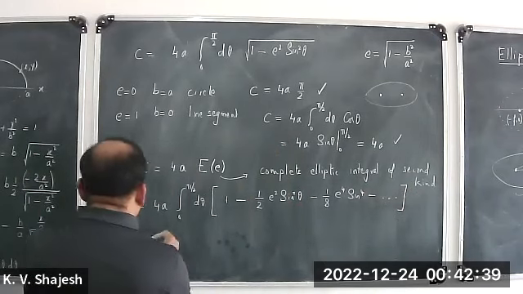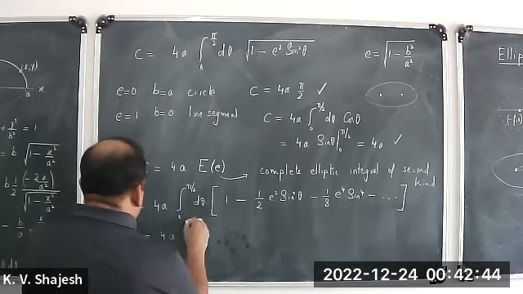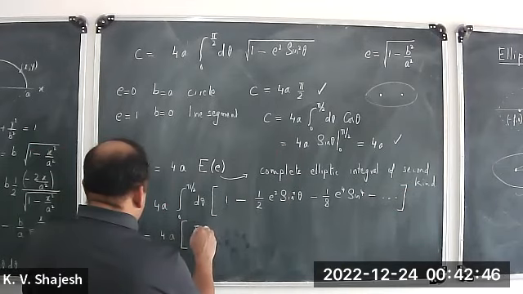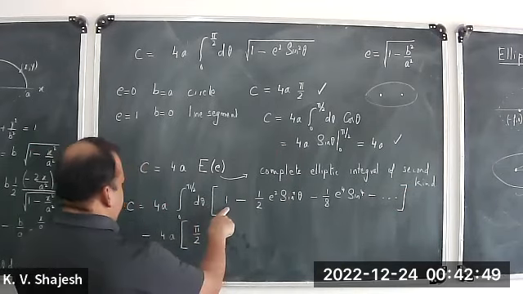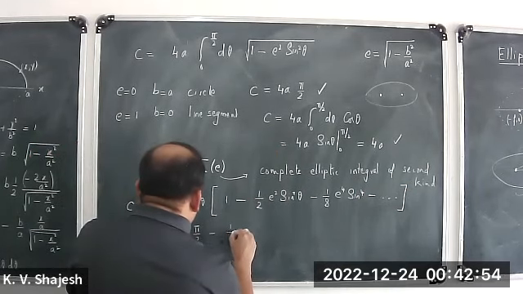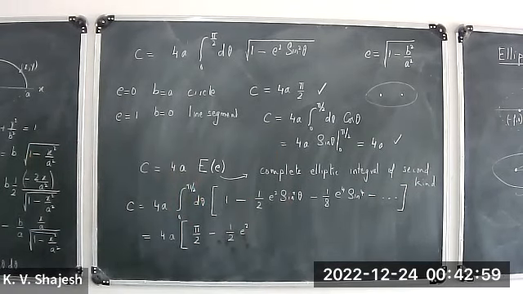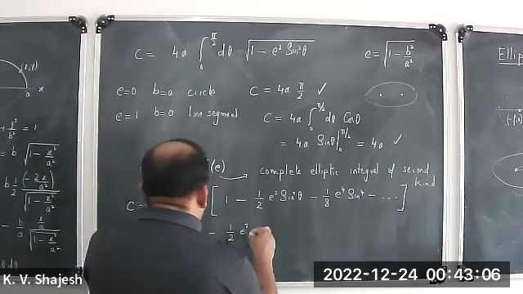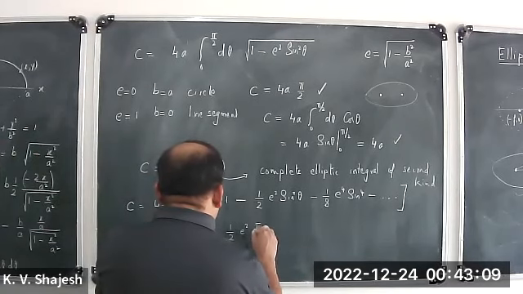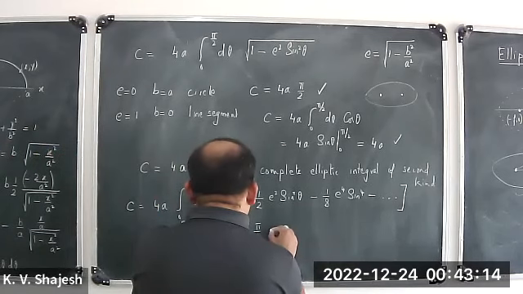And now this can be evaluated. So that's 4 times a. This integral is pi by 2. That's just d theta minus e square over 2. So that's 1 by 2 times e square. And the integral of sine square, when you go from 0 to pi by 2, is pi over 4. And sine raised to 4 also can be done similarly.